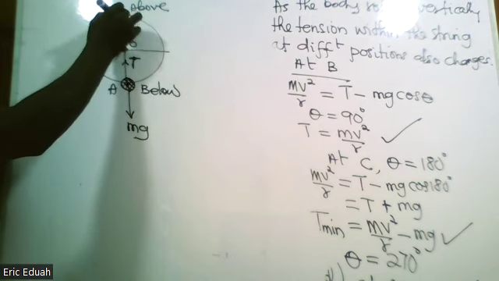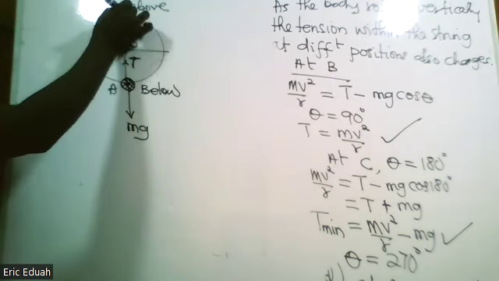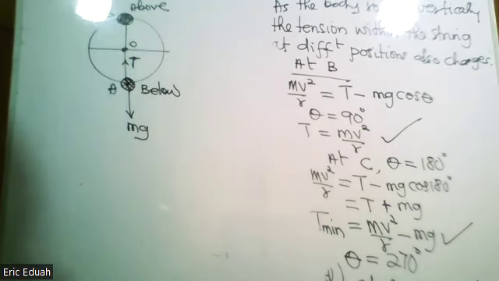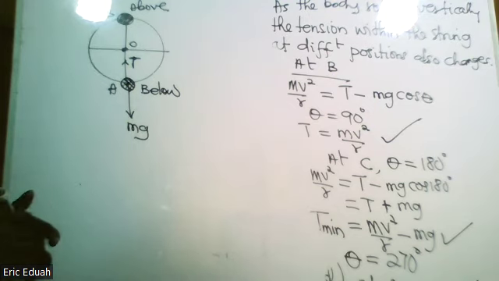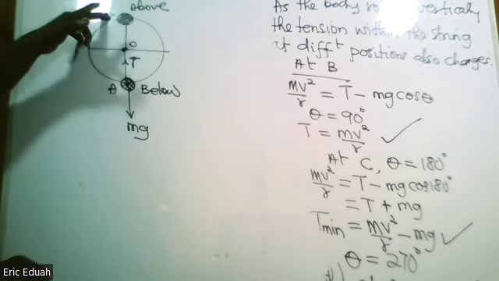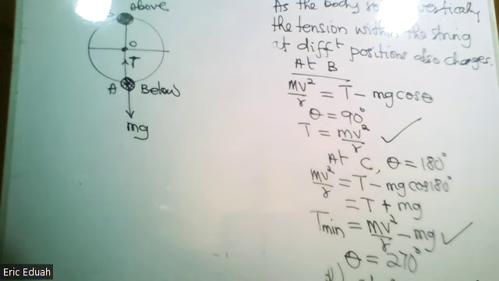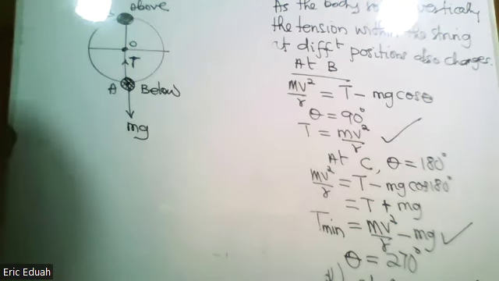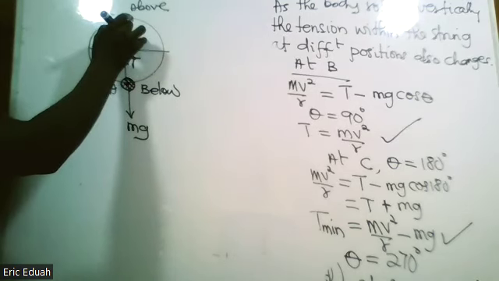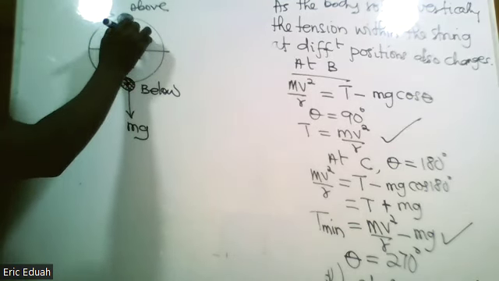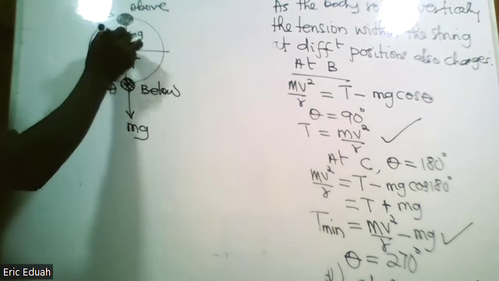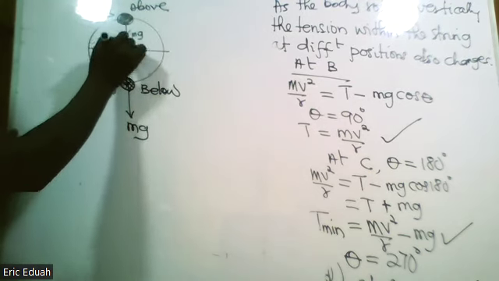And when the object is above, which direction will be the weight of the object? Downwards. So weight always follows the direction of gravity. Down. Mg. The tension within the string is always directed towards the center.